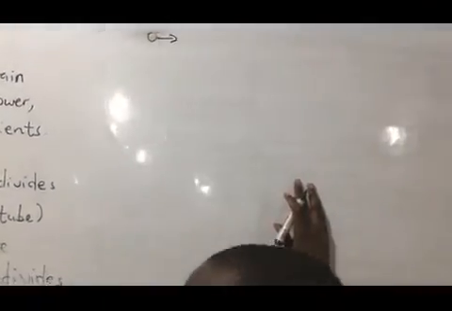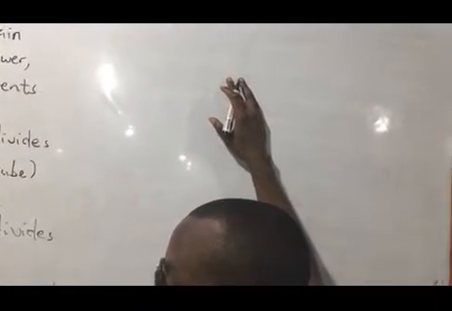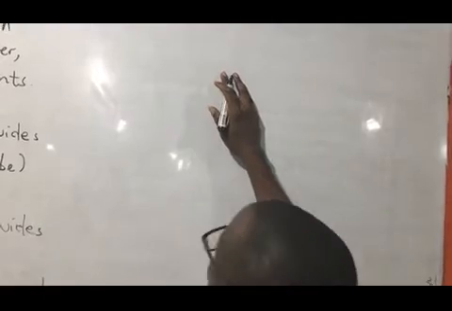If you see from the diagram, you realize that the pollen tube nucleus actually leads the male gametes.